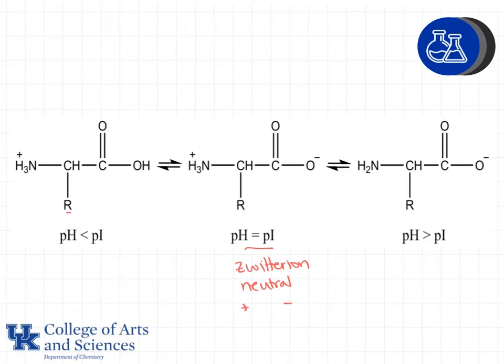So when pH is less than pI, we're dealing with a solution that is more acidic than the pI value, and as a result, there is excess H plus in solution, because when pH is low, we have a lot of H plus. Now, when I look at my zwitterion and think about the H plus, it's not going to be attracted to the NH3 plus because that's two positive charges.